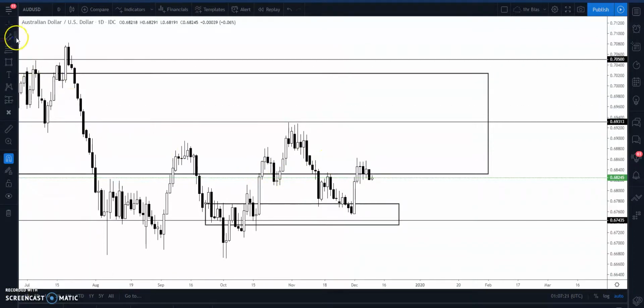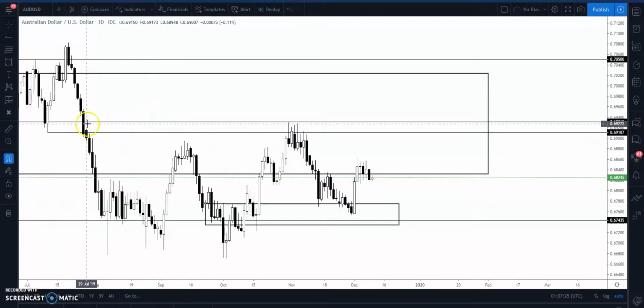Within this lower range, you can see there's a lot of price sensitivity, a lot of pending selling orders, which pushed price down at this level here. So that gives us another indication, using support and resistance to give us these levels to see where price is sensitive to turn in the other direction or break to the upside, theoretically.